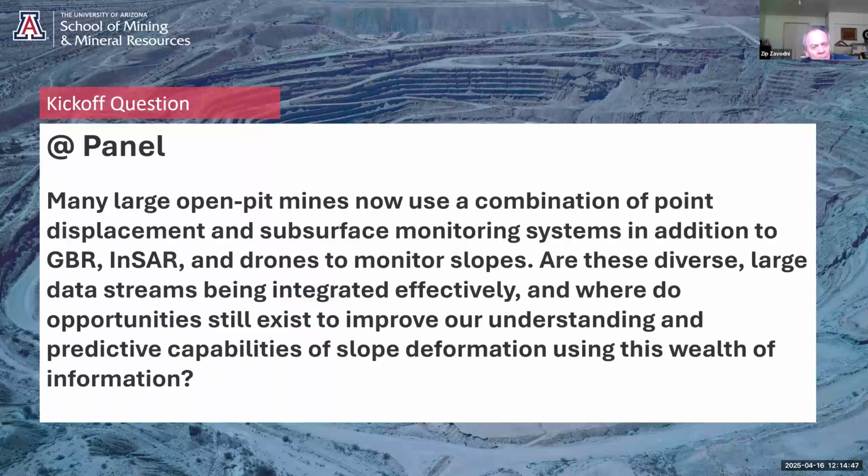One thing, just to expand a little bit on what Bob said, a lot of operations properly use the data and look at it on a regular basis. But I have also seen in a couple of cases where there's a shortage of manpower, etc., they'll have a sophisticated piece of equipment looking at their slopes, but are not watching it on a regular basis.